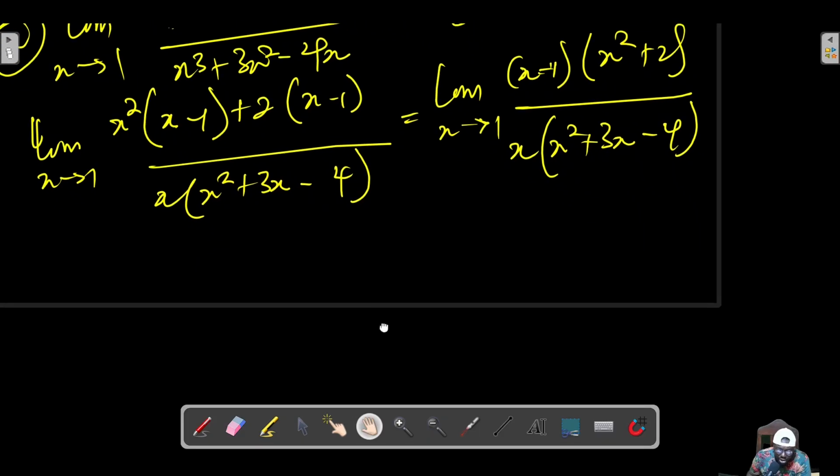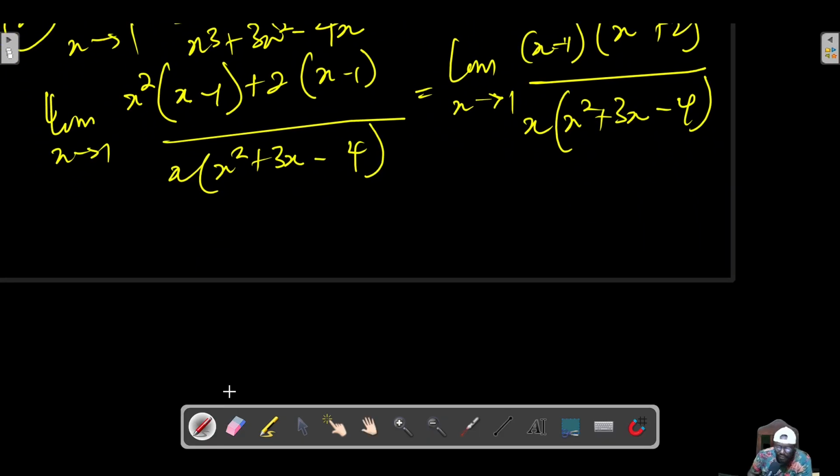Now from here, the job is simple. The only thing for you to do is to factorize this quadratic. x squared multiplied by negative 4 will give negative 4x squared. Now, factors of negative 4x squared which when multiplied give negative 4x squared, but when added give you 3x, are positive 4x and negative x.